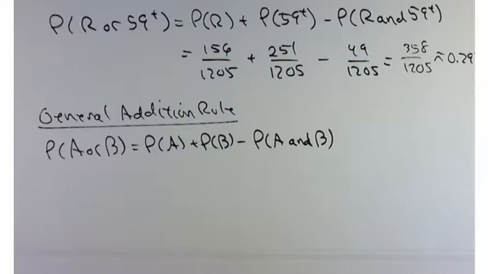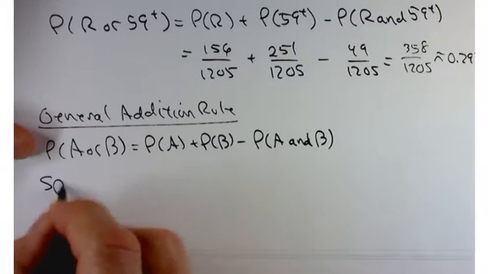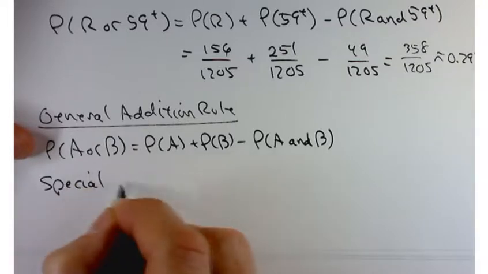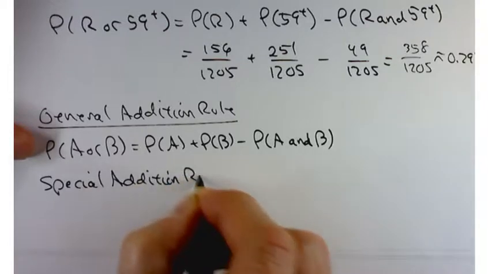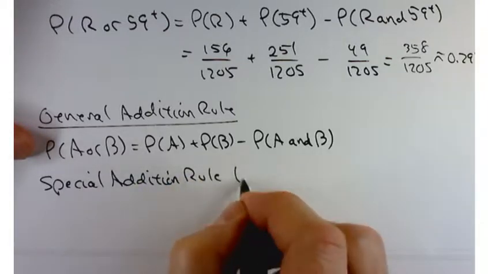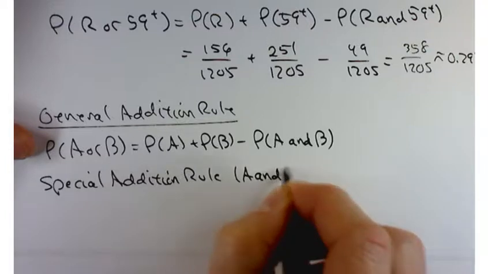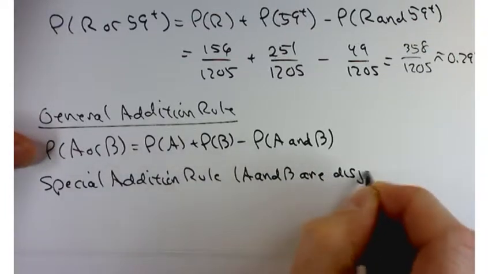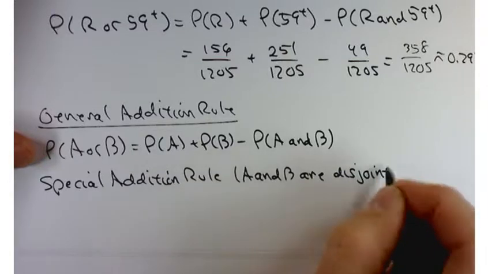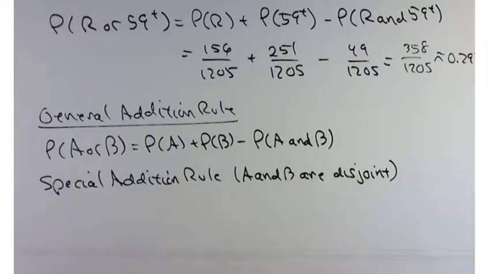Now there's a special addition rule. And that's when A and B are disjoint. The other word for disjoint is mutually exclusive. One excludes the other.